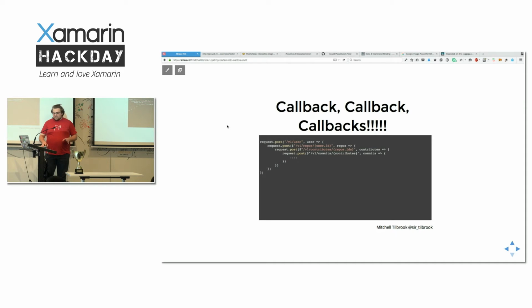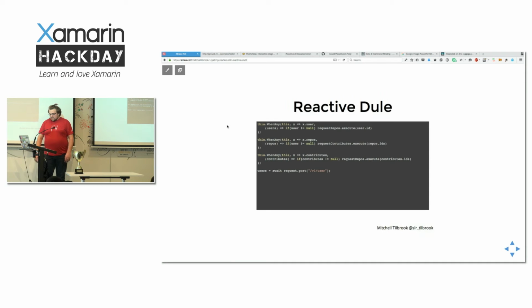So we immediately call a repository endpoint and pass in the user object, and it just gets worse. Callback after callback, and if you start having to deal with errors, it's completely impossible. Just don't bother. It becomes this absolute rage of callbacks everywhere.